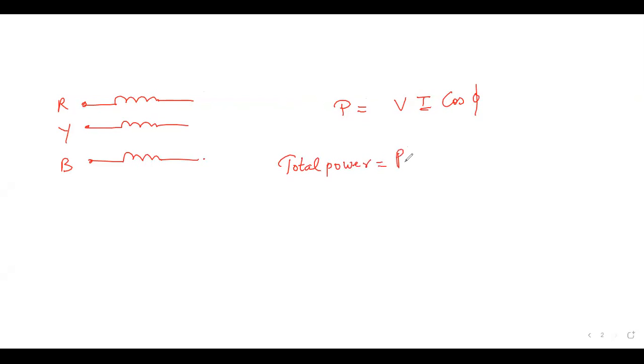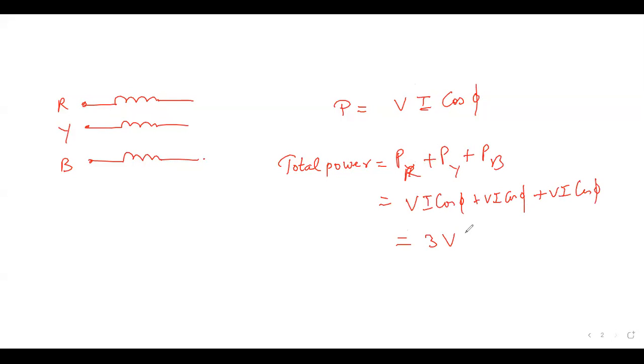will be the same for R, Y and B. So VI cos phi plus VI cos phi plus VI cos phi, so it is nothing but 3 times VI cos phi.